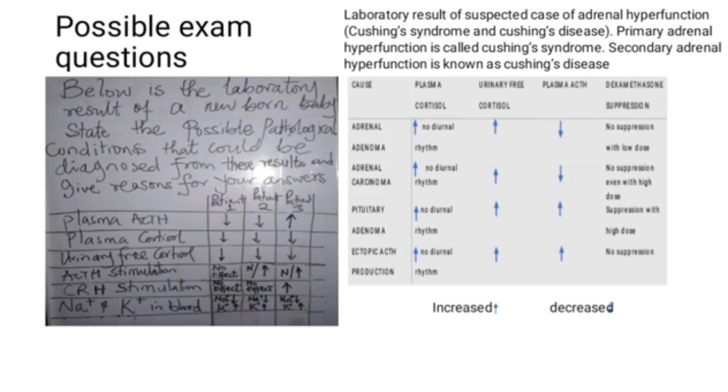The CRH is supposed to act on the pituitary and cause the pituitary to do what? To produce ACTH. But in this case, even after administering the CRH, the pituitary still remains low.